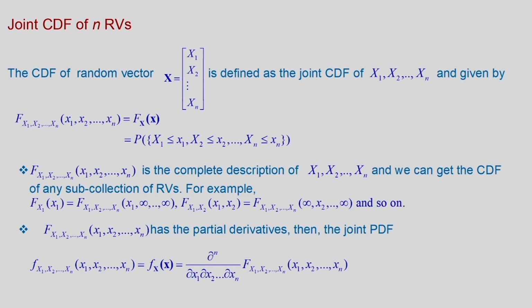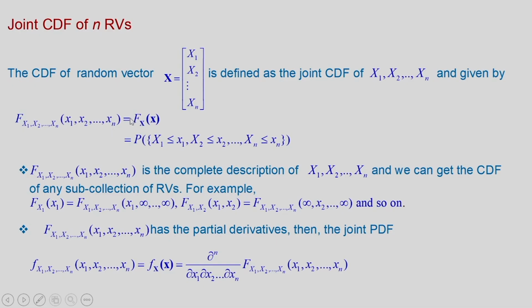Now, let us go to a more general case, the joint CDF of n random variables. The CDF of a random vector X, denoted by X1, X2 up to Xn, is defined as the joint CDF of X1, X2 up to Xn at point x1, x2 up to xn.